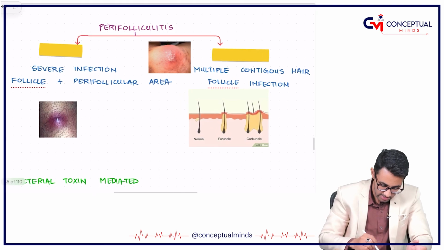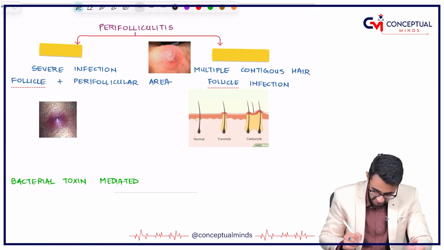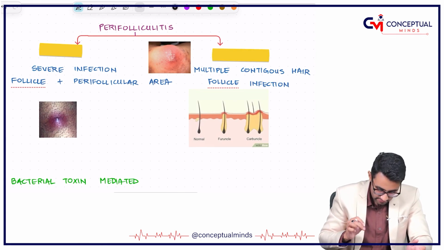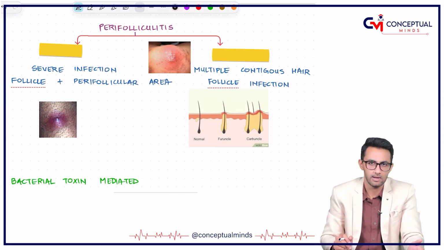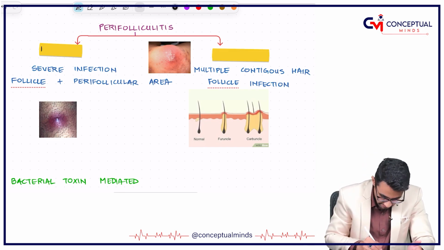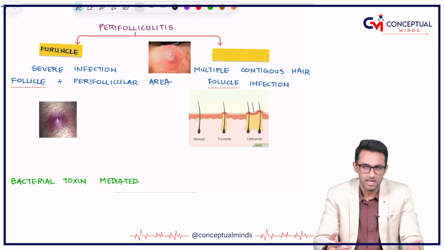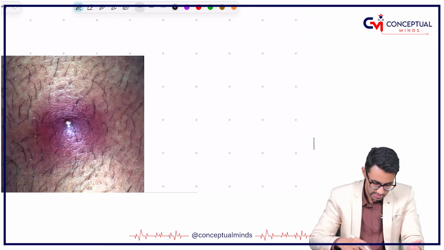Let us fill out our note. If it is a severe infection involving the follicle plus the perifollicular area, this is a furuncle. The other one is a carbuncle. Let us see the image.